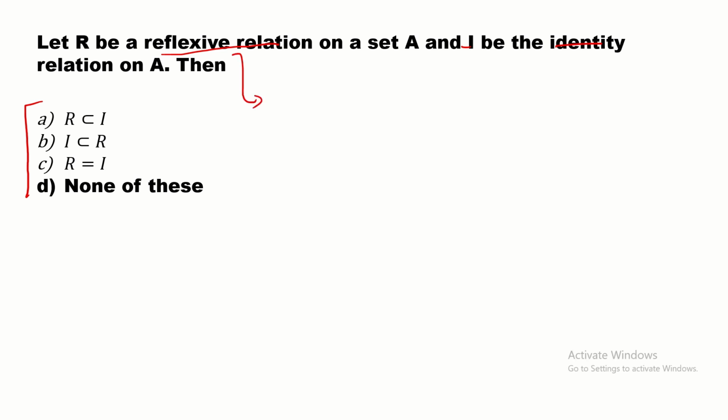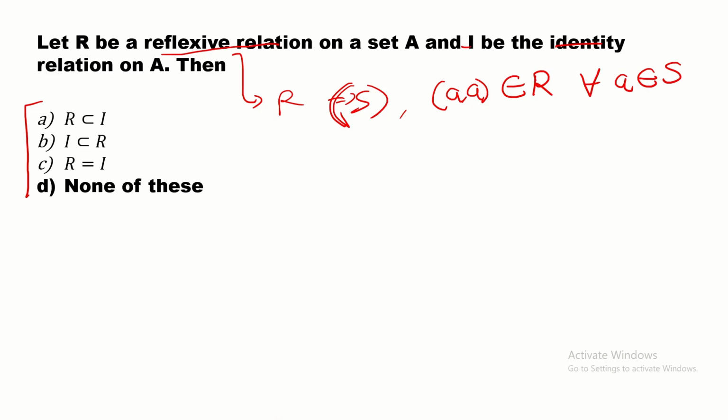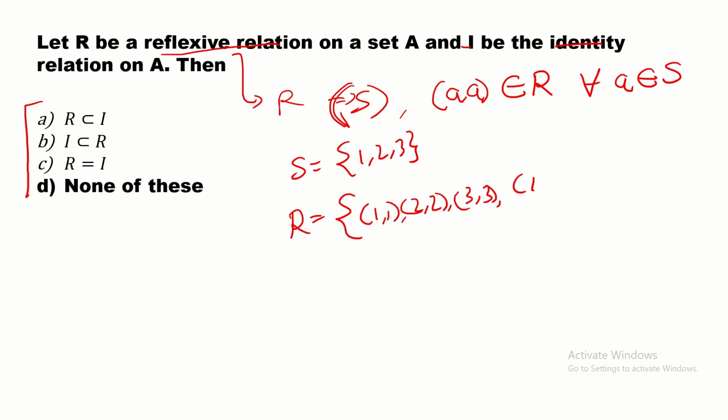A reflexive relation is all such relations on a set S, let's say, such that (A, A) belongs to R for all A belonging to S. This means if S is, let's say, the set {1, 2, 3}, then a reflexive relation on set S would be, for instance, R equal to {(1,1), (2,2), (3,3), (1,2)}.